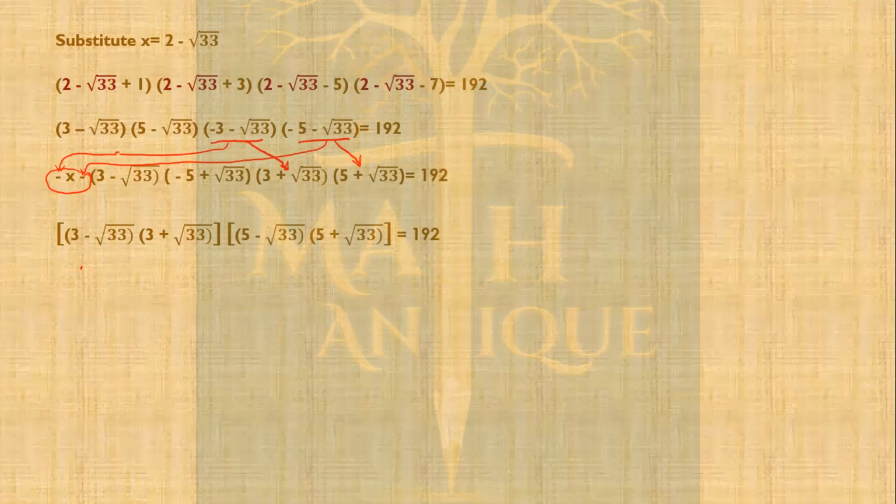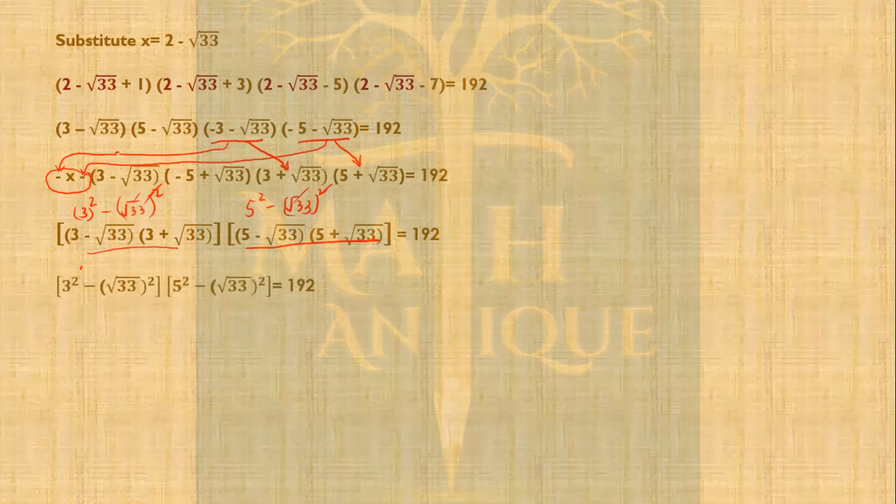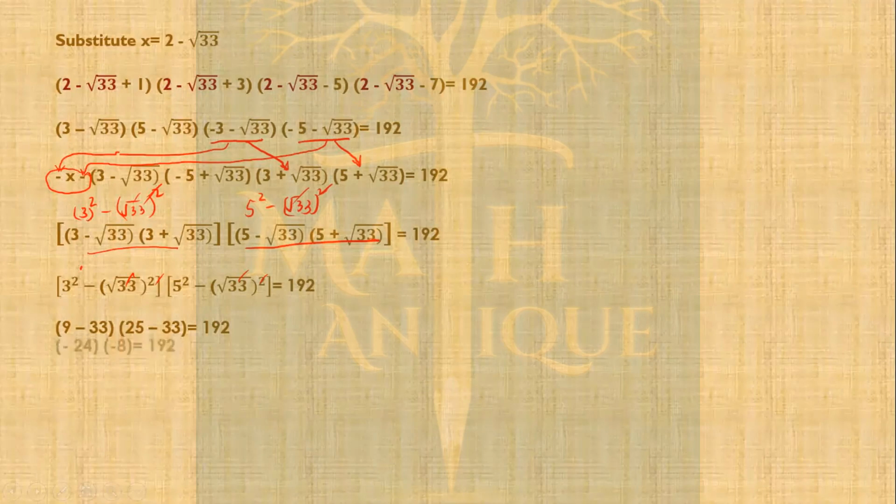So a square minus b square will cancel: 9 minus 33, and this will become 5 square minus under root 33 square, 25 minus 33. Both will be negative, right? Now both are negative because the greater number is negative. So minus 24 into minus 8 is again plus 192.